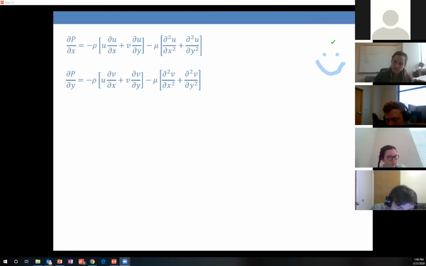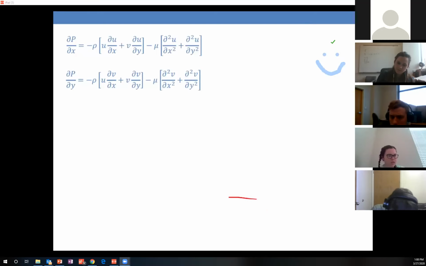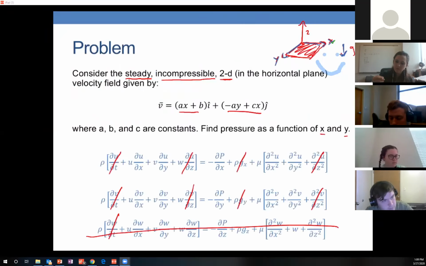So I'm going to write, going back, u is the x velocity. So what does u equal here? Ax plus b. And v is the y velocity here.